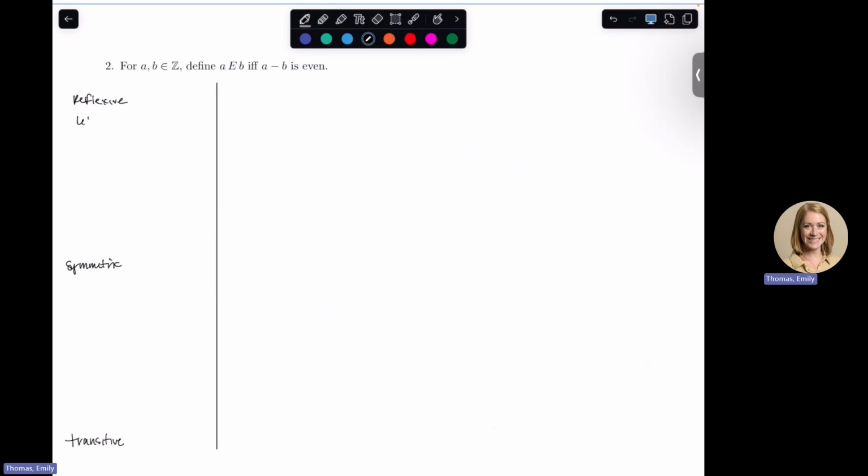We're going to let x be in Z, and we want to know is A E A. So in this one, is A minus A even? Yes or no? Yes, because it's 0. So this is reflexive.